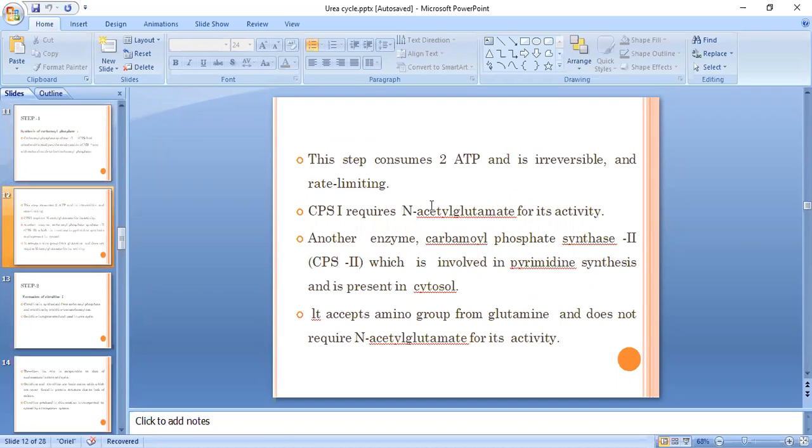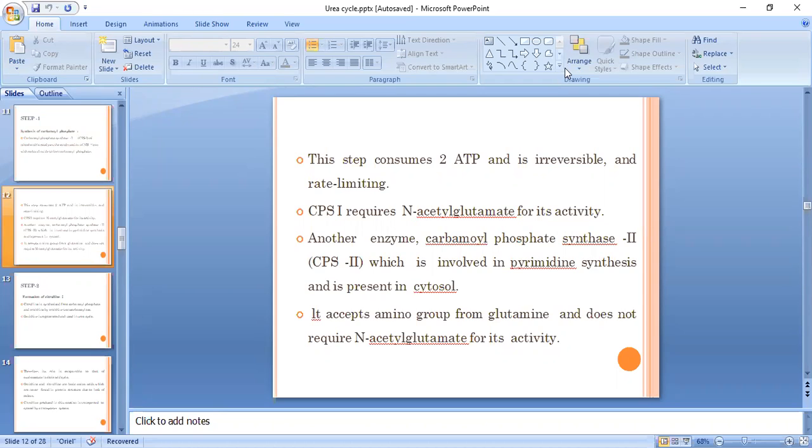Here it will require some amount of energy, and that energy will be given in the form of ATP. So in this step it will require 2 ATP molecules, and it is quite an irreversible and rate limiting step, which is very much essential.